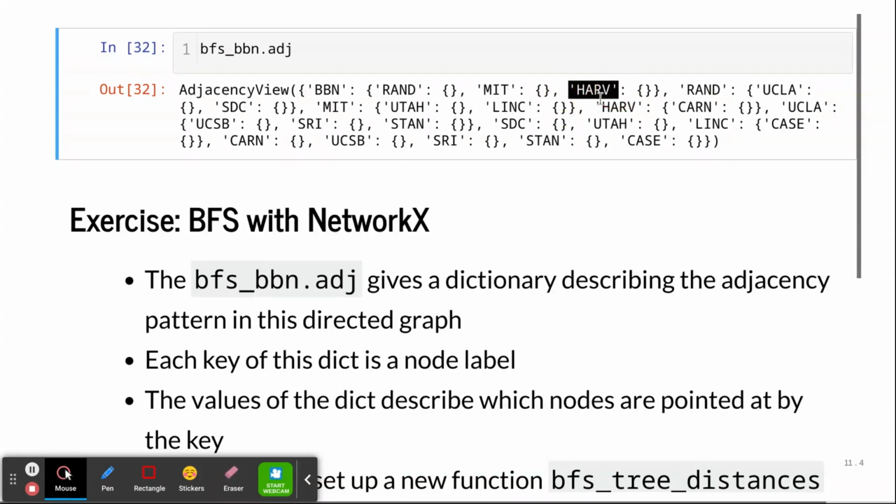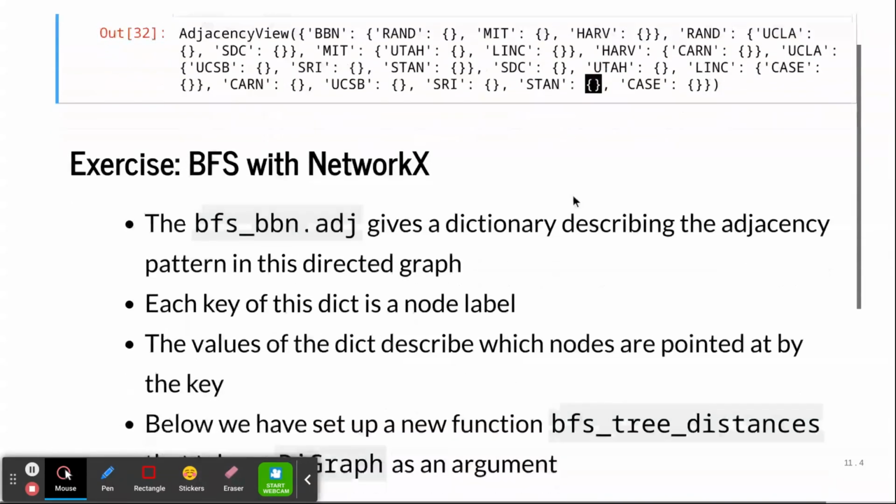From Harvard, the new node we can reach is only Carnegie Mellon. As we get further into this graph, we'll notice that from Stanford, there are no new nodes we can find when starting at BBN. So this is an empty dictionary.